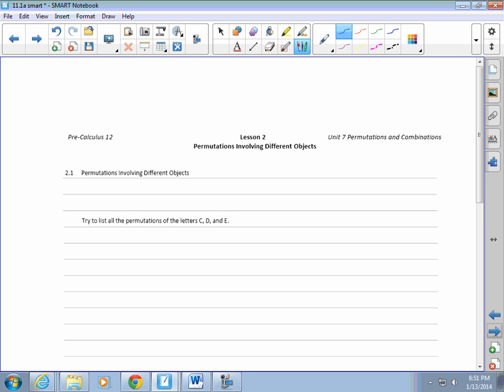Okay, the next part of this, so we worked with the fundamental counting principle. The next piece of this has to deal with permutations involving different objects.